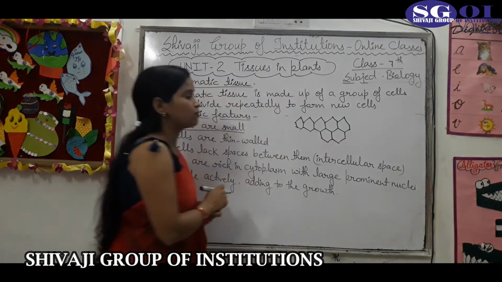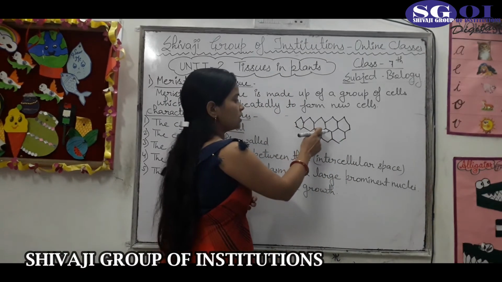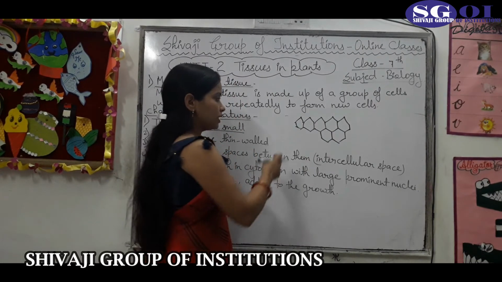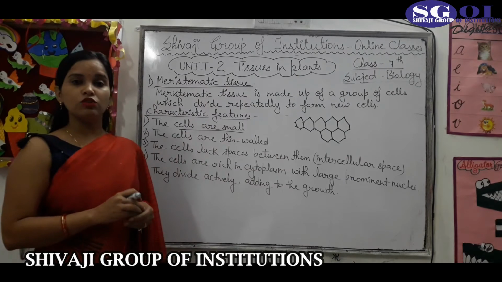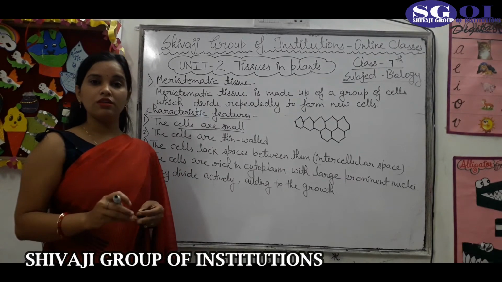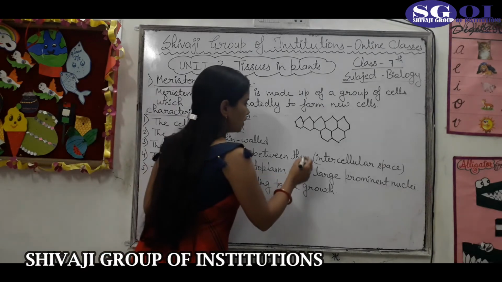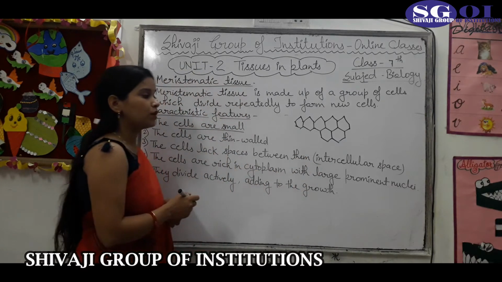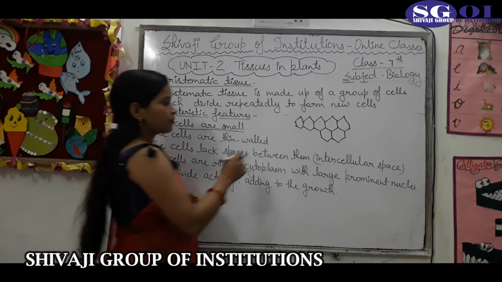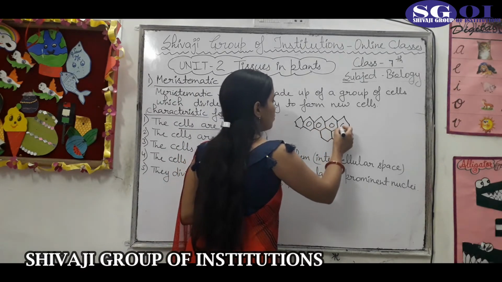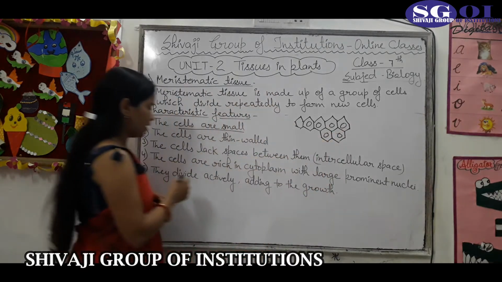The space between two cells is called intercellular space. So cells are closely packed, and intercellular space is absent. And the cells are rich in cytoplasm with a large prominent nucleus. Every cell has a large prominent nucleus and also has cytoplasm.